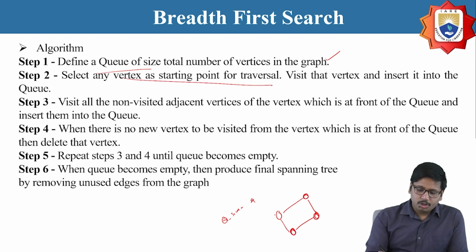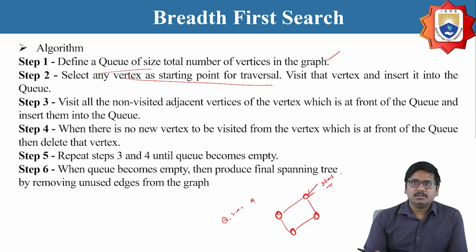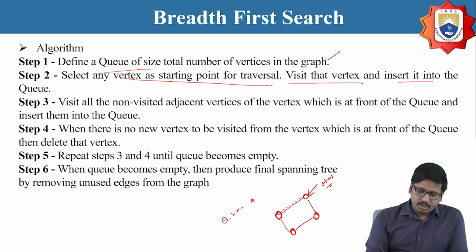Among this graph, I choose one starting point. We visit that vertex and insert it into the queue. Whenever I find a new vertex, that one is inserted in the queue here. So let it be V1, V2, V3 and V4.